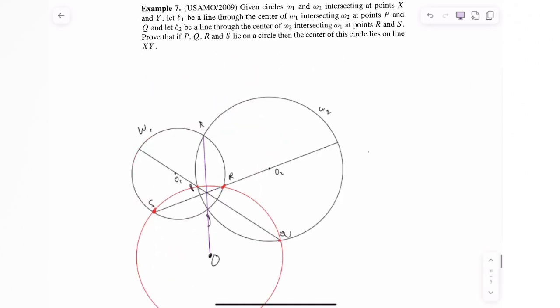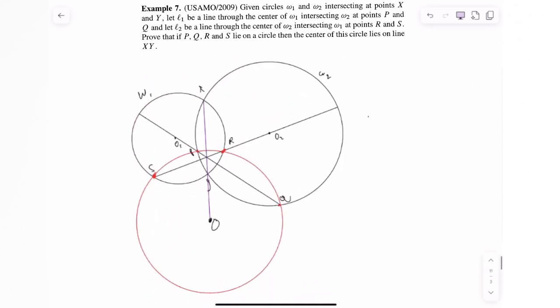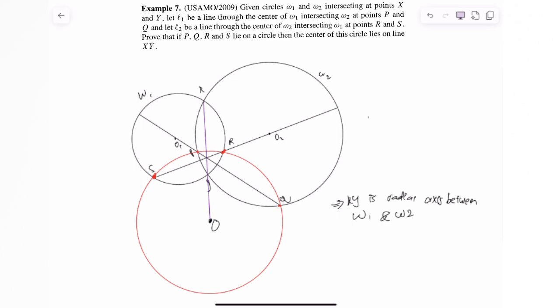So what we have to know, first of all, is that XY is the radical axis between omega 1 and omega 2.